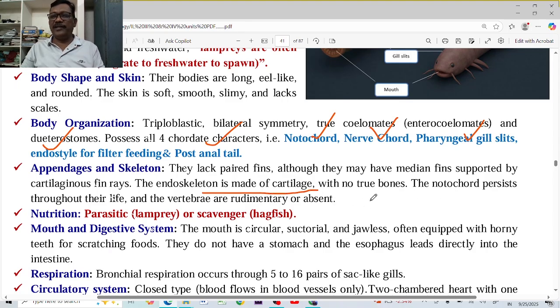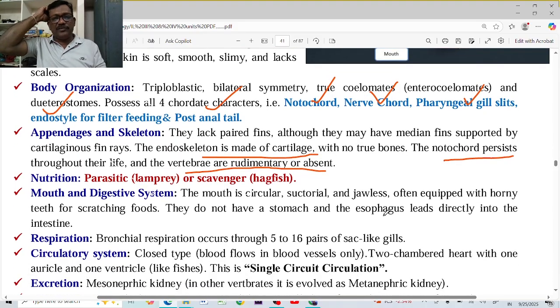There are no true bones in these organisms, but the notochord persists throughout their lifetime. The vertebrae are also present but rudimentary, or sometimes absent. In the cyclostomata the rudimentary vertebrae are present, whereas in the hagfishes they are completely absent.